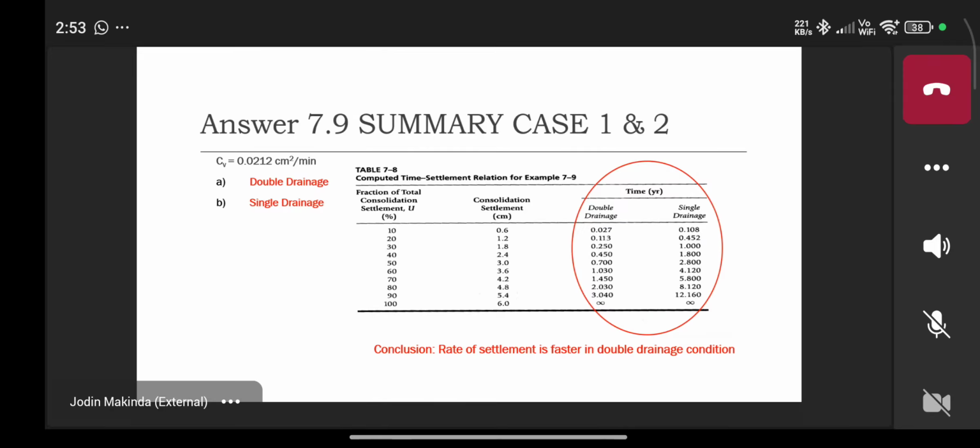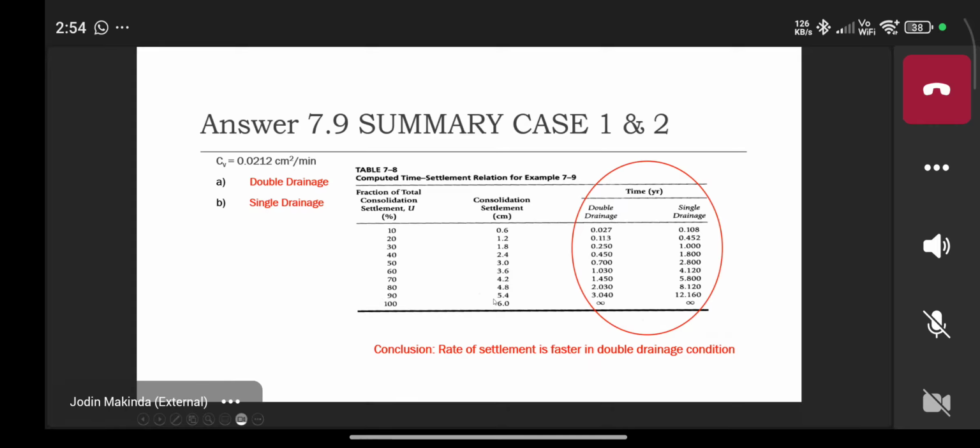Meaning that if the layer of the soil consists of double drainage, 2 ways out, the building will settle faster. Faster because the water has a chance to move out faster because it can move up or to the bottom side. Meanwhile, on the single drainage, it will take slightly longer time.